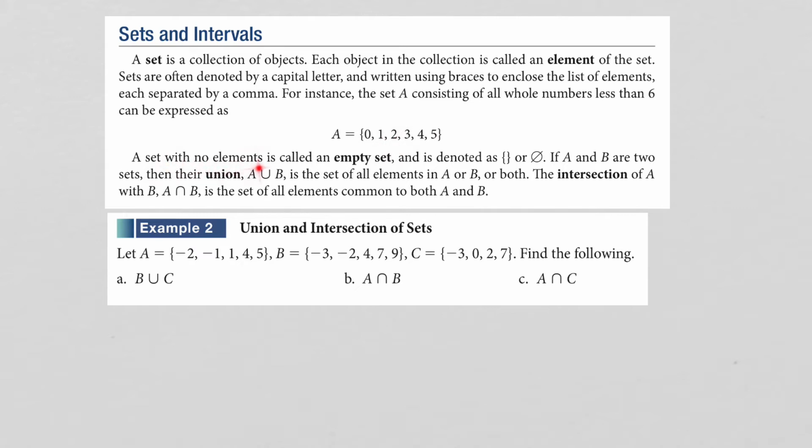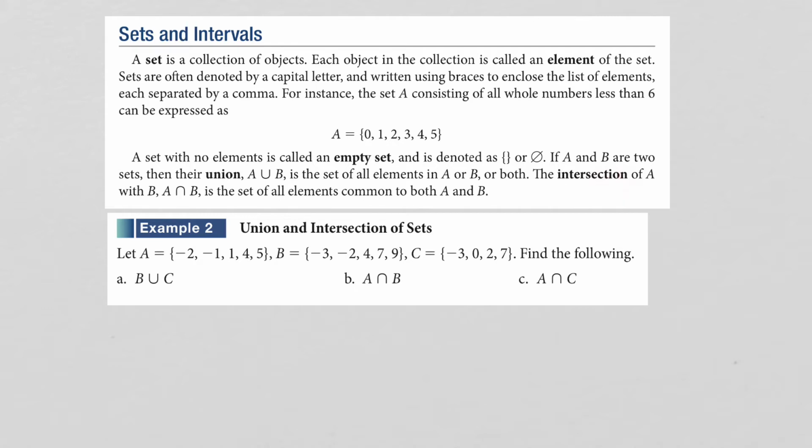A set with no elements is called the empty set and is denoted one of two ways. You can either write the braces with nothing inside, or you can use the empty set notation, which is kind of like a 0 with a slash through it. If A and B are two sets, then their union, which is denoted A union B, is the set of all elements in A or in B or in both.